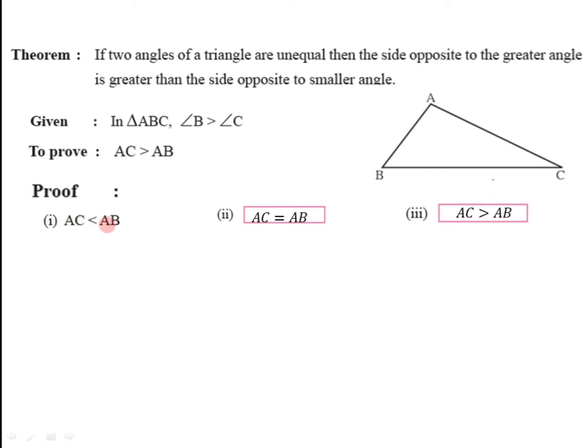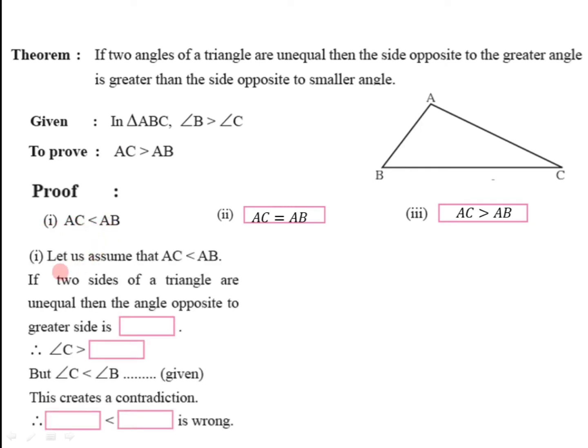AC is less than AB. If we assume that AC is less than AB, then we have studied one theorem that if two sides of a triangle are unequal, then the angle opposite to the greater side is greater. Here we have assumed that these two sides are unequal and AB is greater than AC. That's why the angle opposite to AB must be greater than the angle opposite to AC.